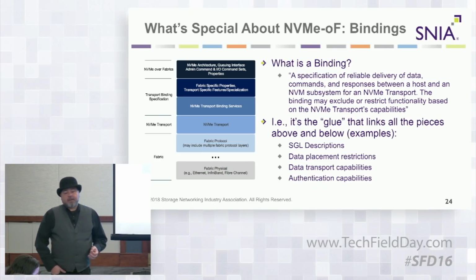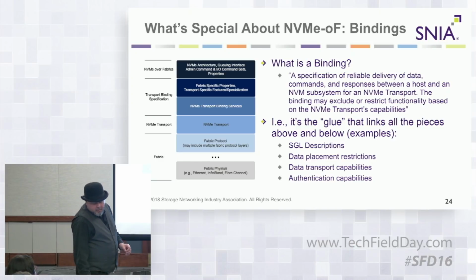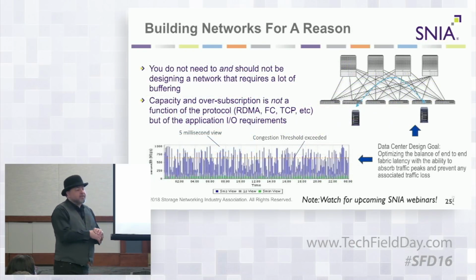And it also identifies the transport capabilities. So, for example, in NVMe over TCP, which I was telling you about before, are you going to be using in-capsule data transfer, or are you going to be using the memory buffer side of things? That's very, very important.